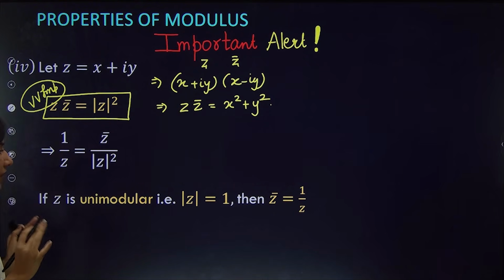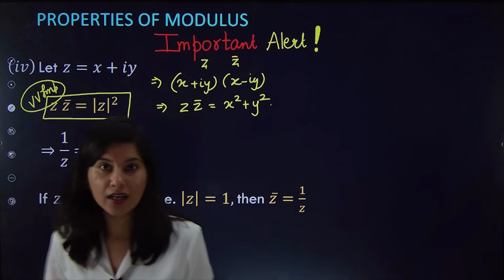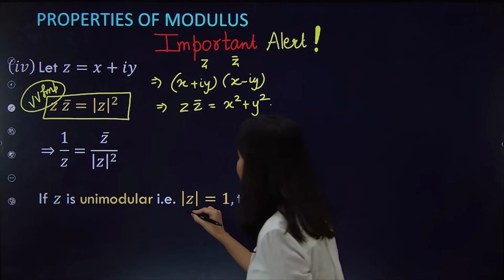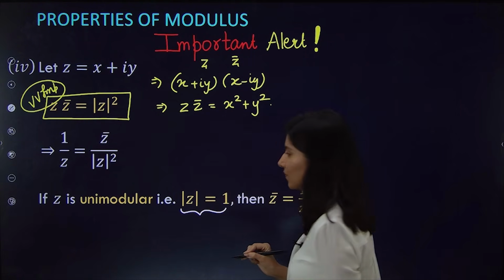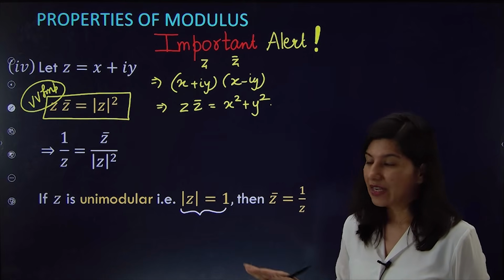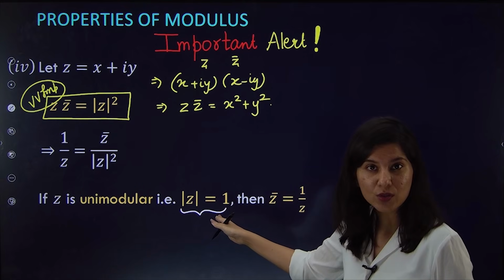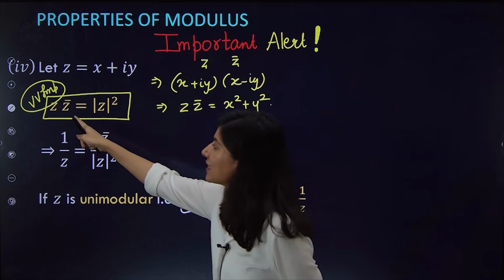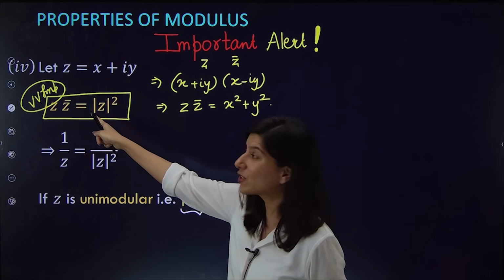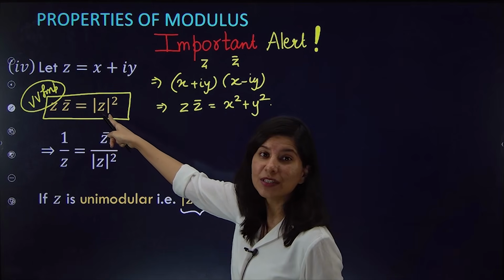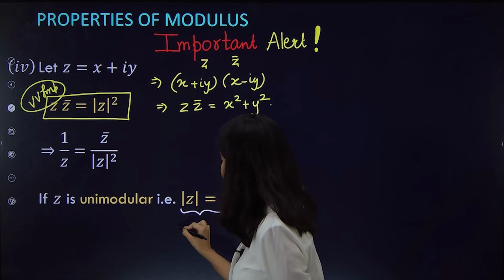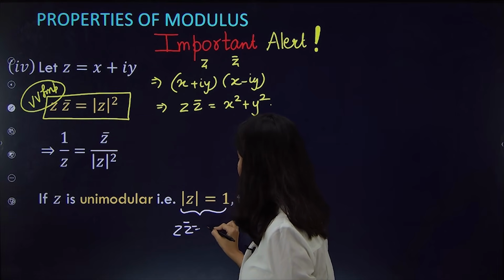Now one very important thing: whenever you see mod z is equal to 1, there is a 90% chance this property will come into the picture. Z z bar is equal to mod z square. That means in this case z z bar will be 1 only.